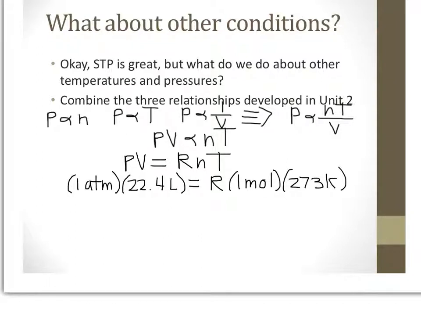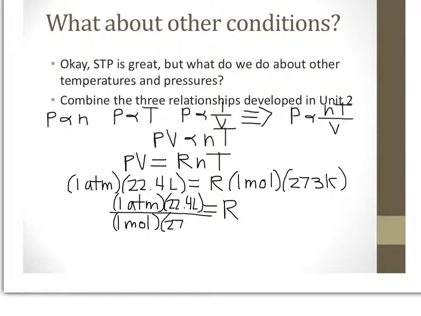So if we rearrange and solve for this constant R, it would be 1 atmosphere times 22.4 liters divided by 1 mole and divided by 273 Kelvin.